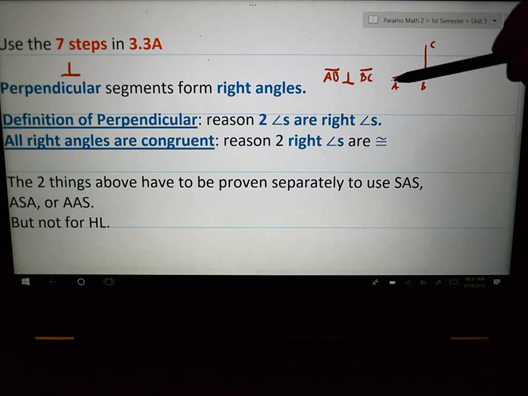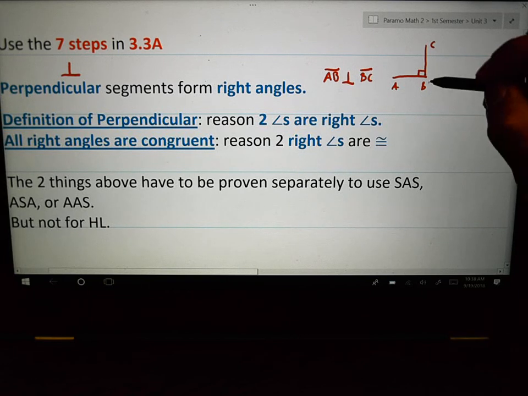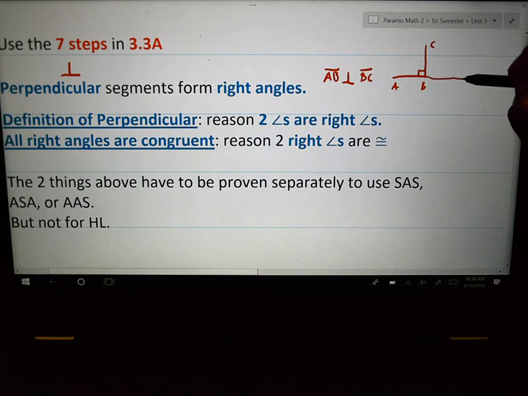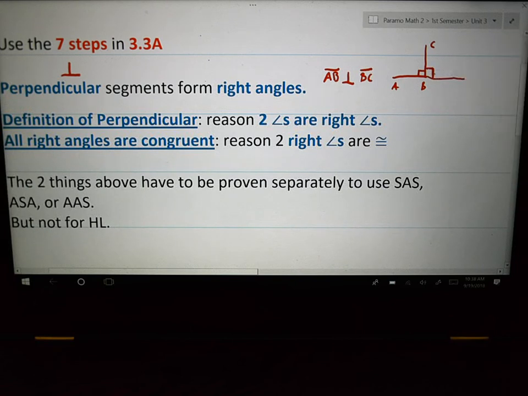When you see that AB is perpendicular to BC, you can write this right angle symbol in between those two segments. It's very simple. Sometimes, if this thing goes out even further, you can add the right angle symbol on the other side as well, just so you are aware.